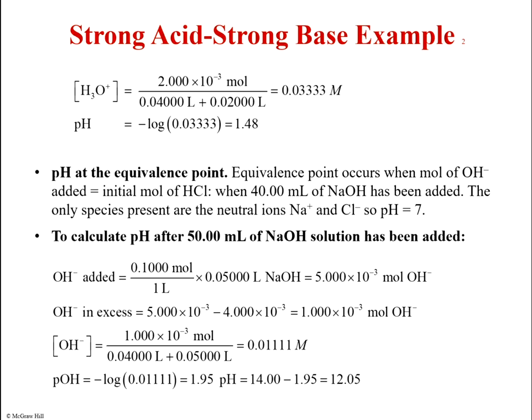And then we can subtract off our 4 times 10 to the minus 3 moles of acid that we started with. So we end up with 1 times 10 to the minus 3 moles of hydroxide in excess. We take that number and divide by our 40 mL of initial acid plus 50 mL of added base, and we get the concentration of hydroxide, from which we can get a pOH, and finally the pH value of 12.05.